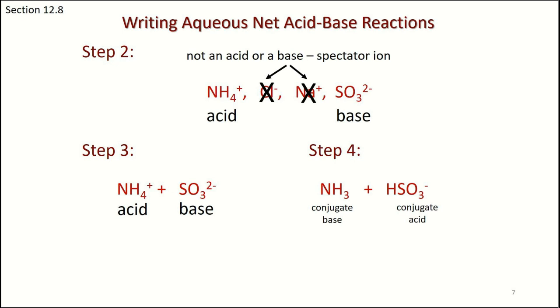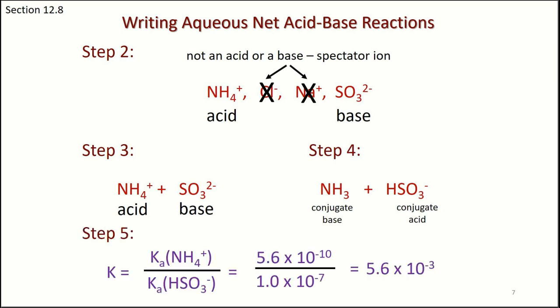So we will have to calculate the value of K for this using the values of the acid dissociation constants. Therefore, the Ka of the starting acid, ammonium, is 5.6 times 10 to the negative 10th, and the acid dissociation constant of the conjugate acid, or the acid on the product side, is 1.0 times 10 to the negative 7th.